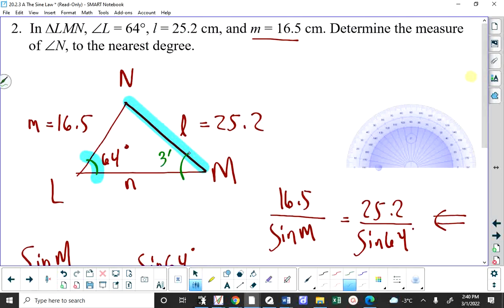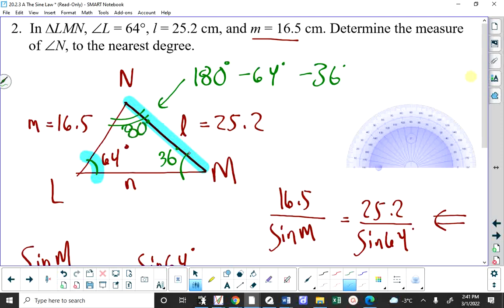Well, now it's a matter of finding this angle, and we're using again the idea that all three angles have to add up to 180. If you take 180 and subtract the sum of those, I believe you get 80, don't you? Those two add up to 100. So I need another 80 degrees in here. This angle is 180 minus the 64 minus the 36, which is 80 degrees.